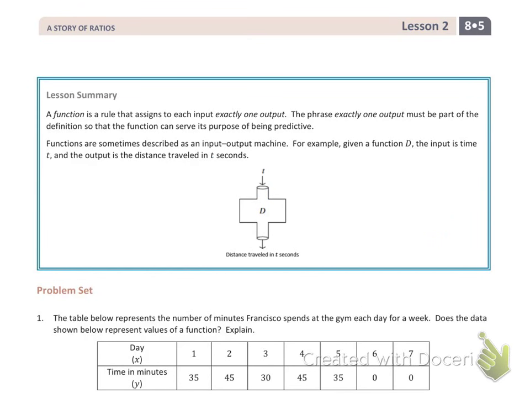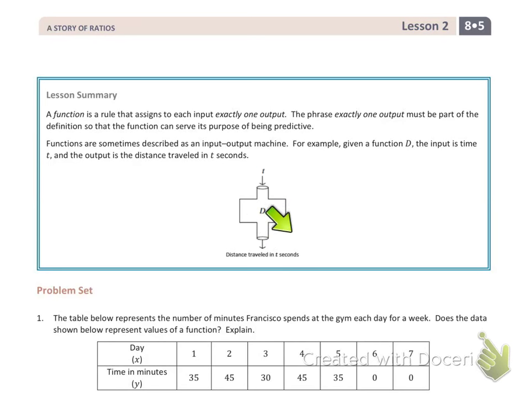Okay, so let's look at kind of a summary of this. So you have this on your problem set page, and it restates what we talked about. A function is a rule that assigns to each input exactly one output. So if I put a value for the input in, I will be able to rely on this rule or table or whatever it is to give me an output, exactly one output.